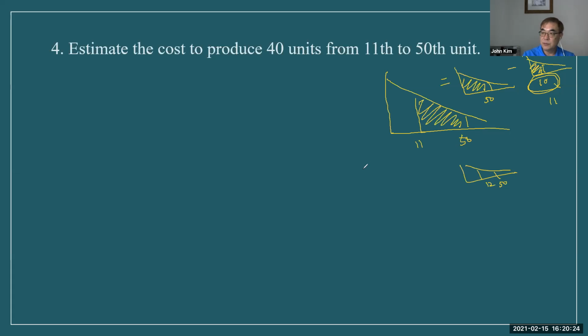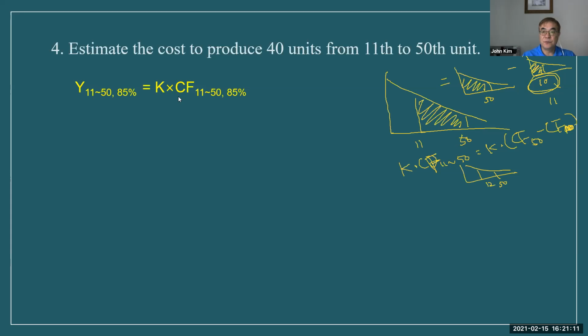So Y from 11 to 50 at 85% equals K times the cumulative factor from 11 to 50 at 85%.